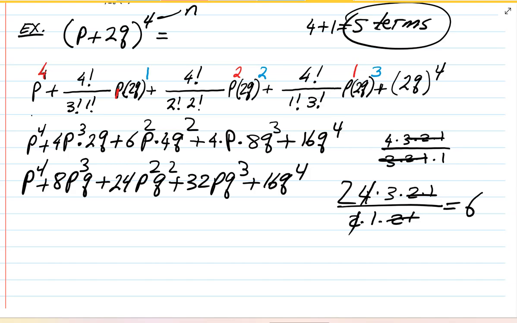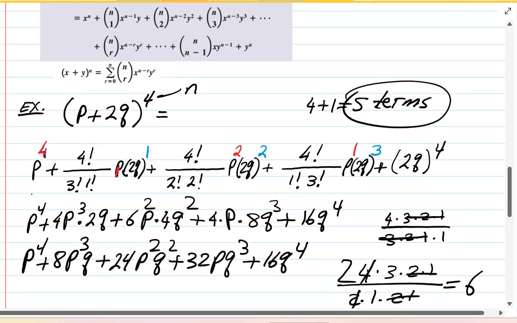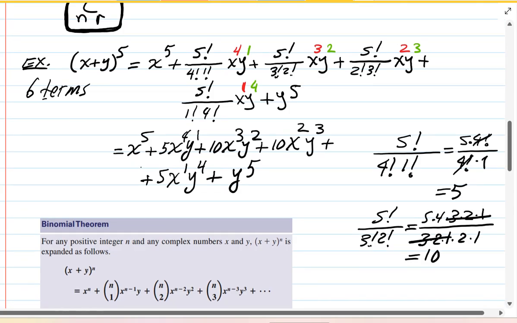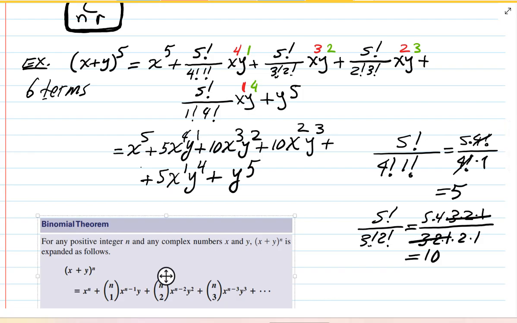Now, one last idea. Let's look at the patterns again, going back to this one. Let's say I'm going to look at the third term in the expansion of x plus y to the fifth. First, second, third.